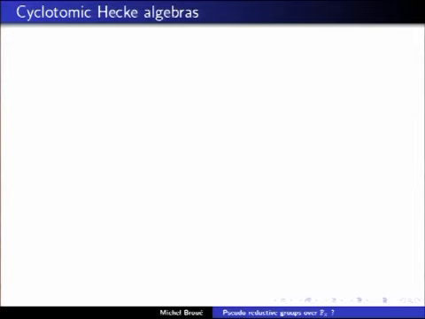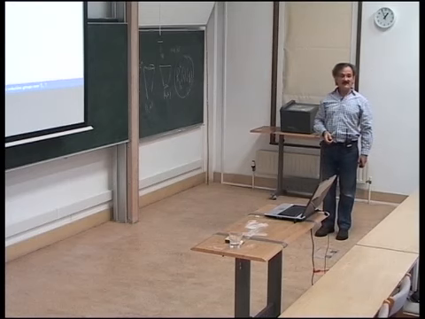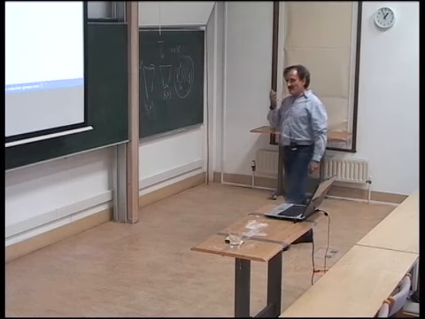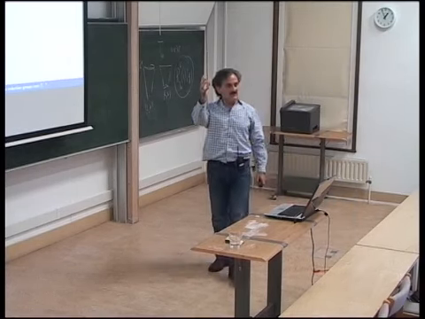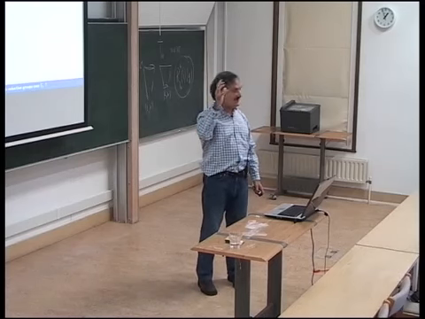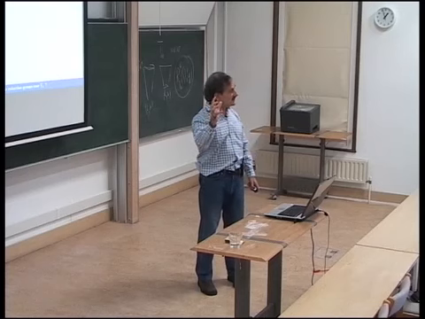But I mentioned the cyclotomic Hecke algebra. Let me briefly explain what they are, just by examples. For G2, remember the Hecke algebra for G2 is generated by S and T, which have the same braid relation, and where the S squared equals 1 relation is replaced by a polynomial.